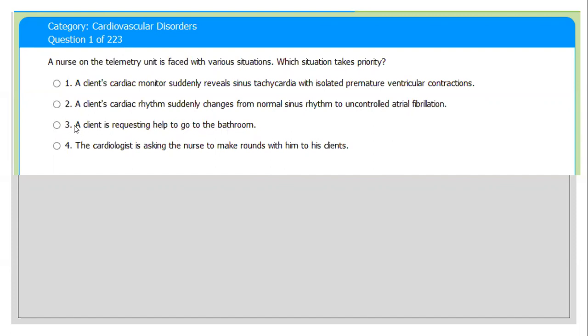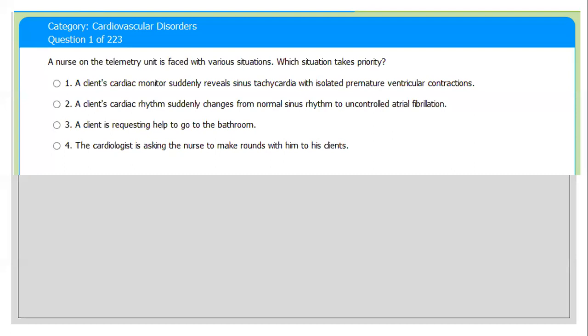So number three is not important. Number four, the cardiologist asking the nurse to make rounds. If you are 5 minutes late, the cardiologist will wait and nobody will die. So 3 and 4 have no priority.